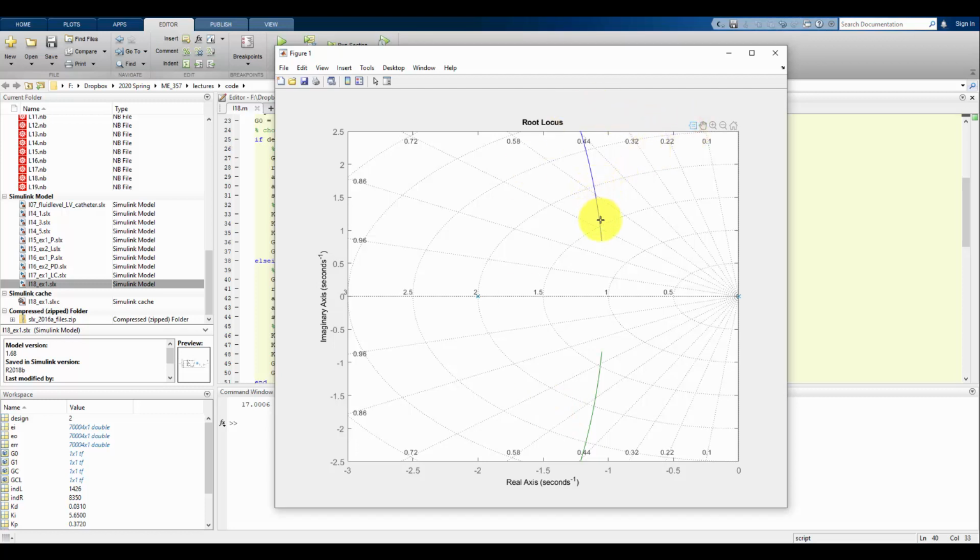And again, I need to find on here where are my desired poles, or at least close to them. So if I start shifting around where this is, I'm going to say that this point is the closest I can get. So it has my closed loop pole at negative 1.15 plus or minus 2.04j. And that's, I think, as close as we're really going to get. I'll keep the real part as close as possible.